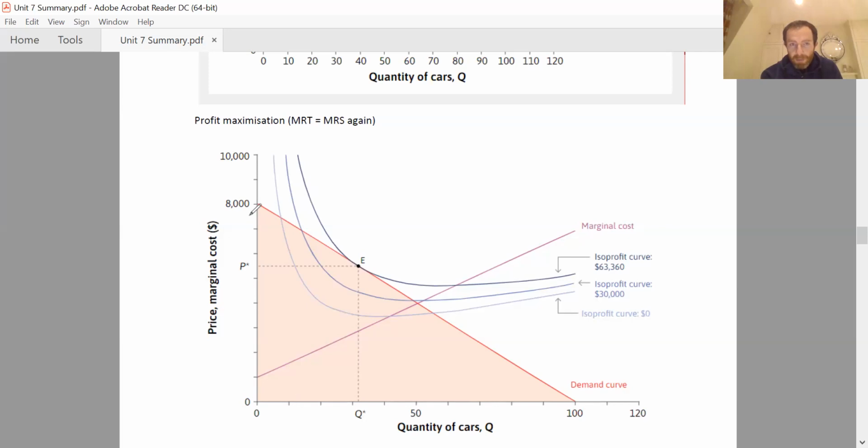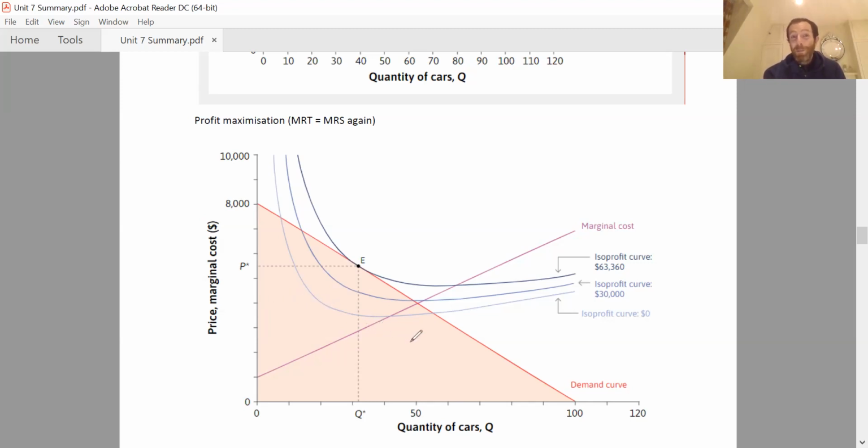As the firm lowers the price, they can sell a greater quantity of output. Or to put it differently, as the firm lowers the price, a higher number of consumers are willing to pay for that output, in this case, cars. So that's what the demand curve shows us: at every price, how many consumers would be willing to pay that price and buy the car.